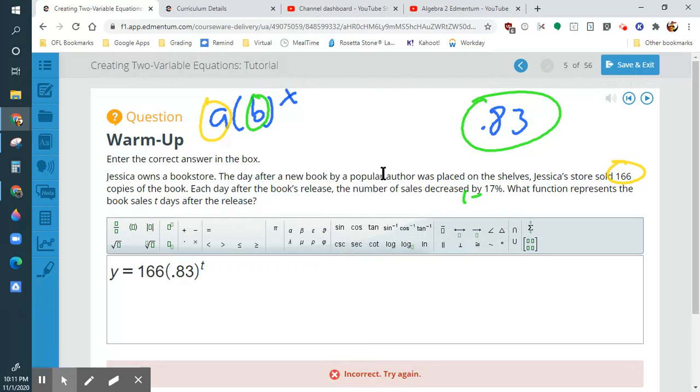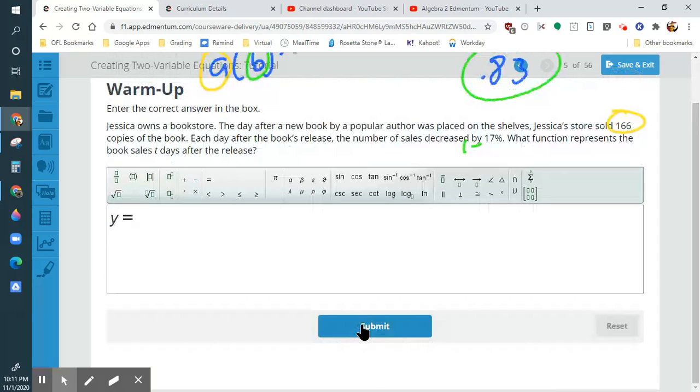All right, going on here. The number of sales decreased. I thought the function that represents the sales of the books after the release. So Jessica sold that many copies each day after the book's release. Sales decrease. From my understanding, this should be an exponential decrease.